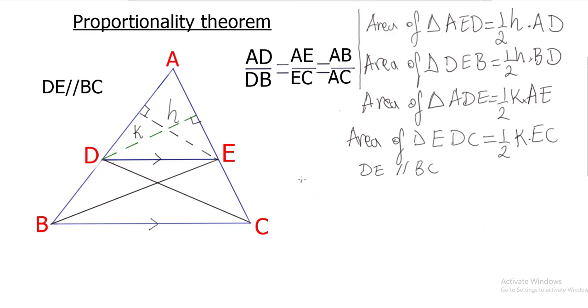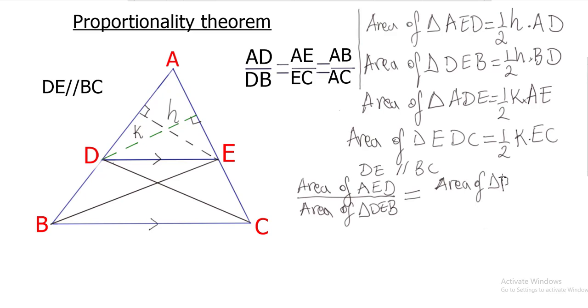So if we take the ratio of the area of triangle AED over the area of triangle DEB, because of the parallelism here, this will be equal to the area of triangle ADE over the area of triangle EDC.